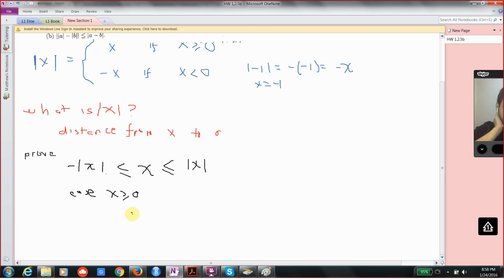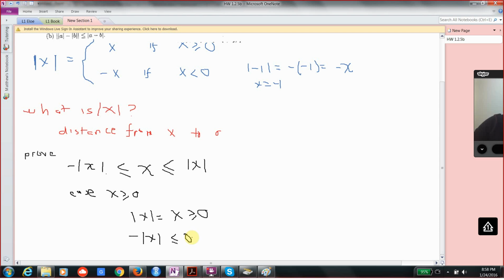we know that the absolute value of x is equal to x, which is greater than or equal to 0. This is from the definition of absolute value of x when x is greater than or equal to 0. If I multiply both sides by negative 1, minus the absolute value of x becomes less than or equal to 0, because when I multiply by a negative, I reverse the inequality.